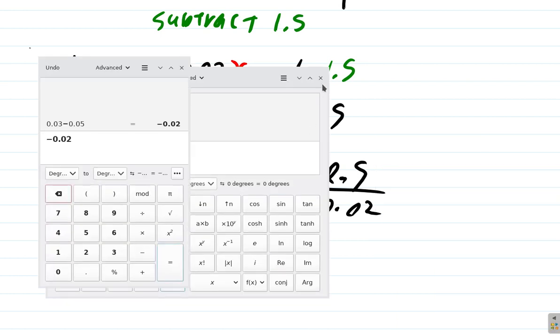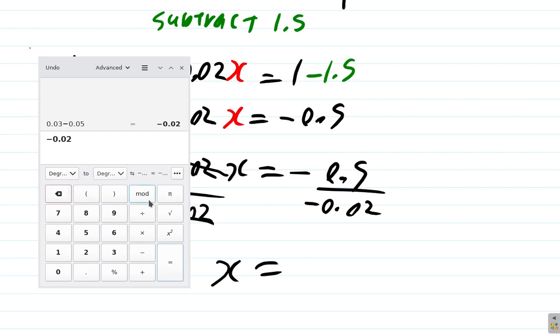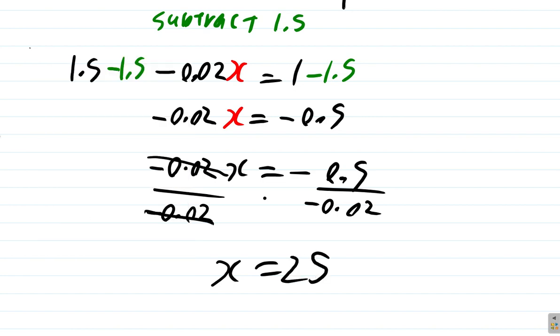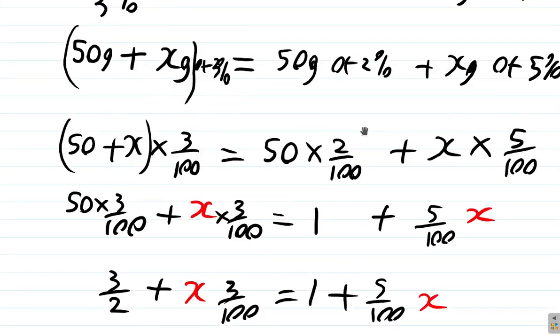So you figure that one out. So here, negative 0.5 divided by negative 0.02 equals 25. You will see that it's the same as 0.5 over 0.02. Right? So x is 25.